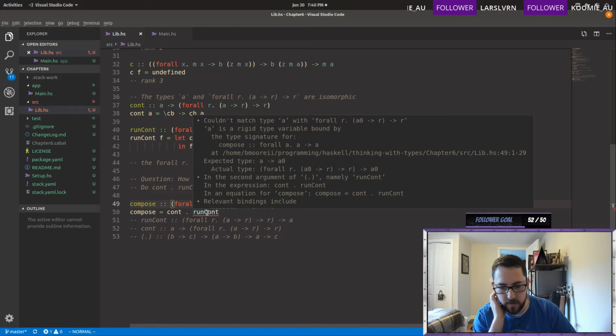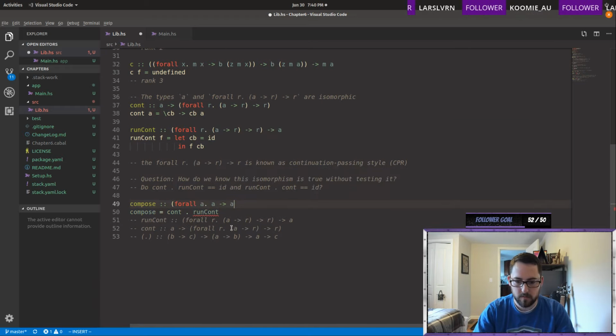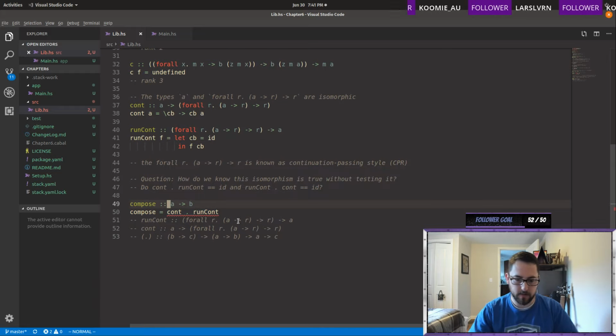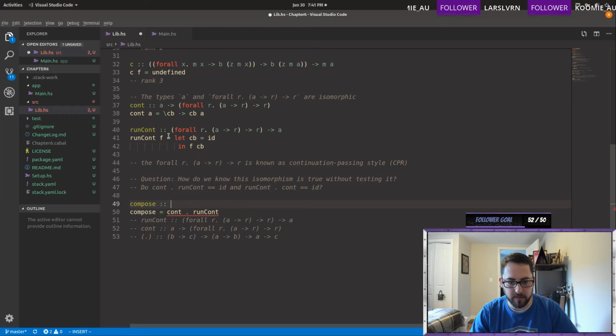Expected type A to A naught. Yeah, and then that says that the type is basically this. And like, I don't understand how to get this correct.